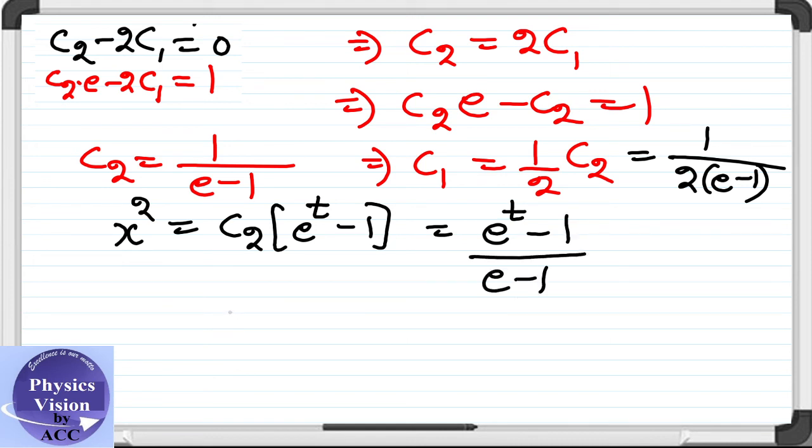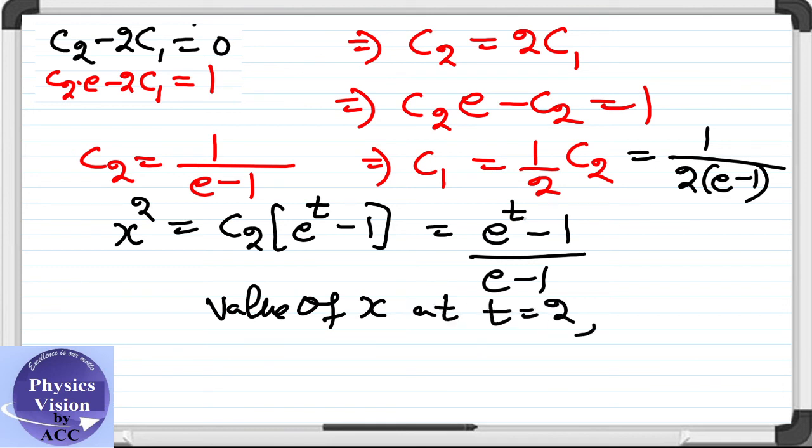We need to calculate the value of x at t is equal to 2, so we put t is equal to 2. We get x square is equal to e square minus 1 divided by e minus 1.